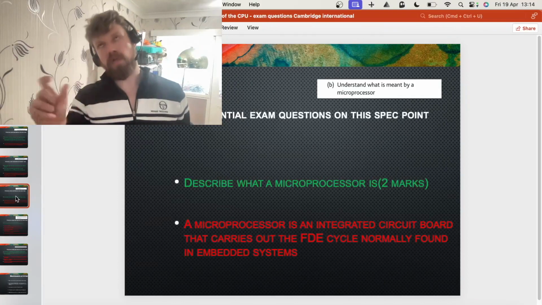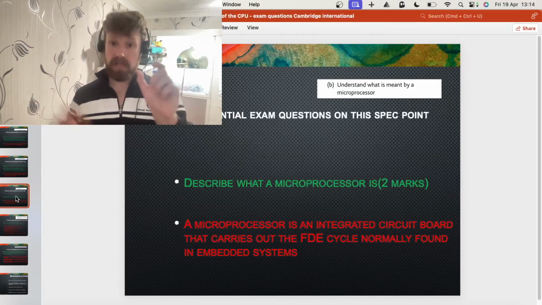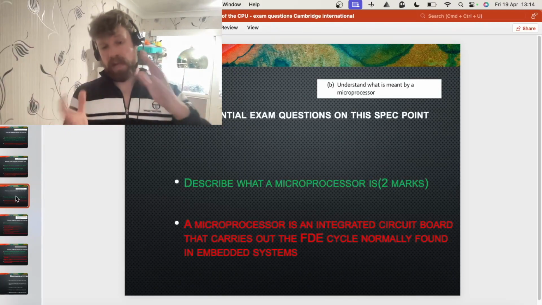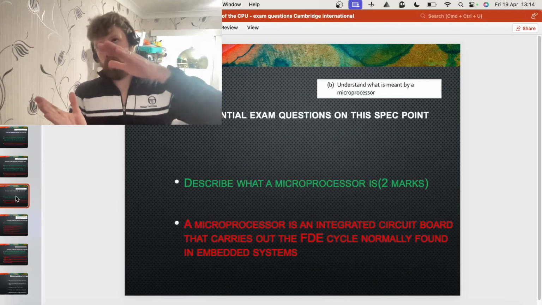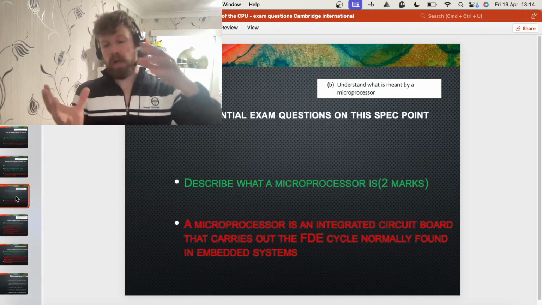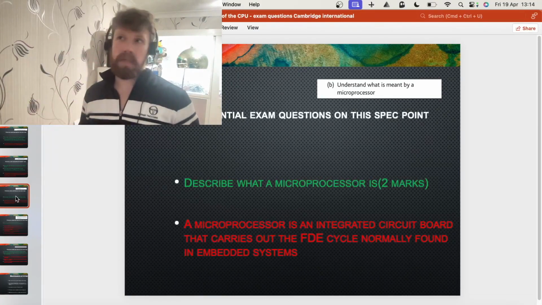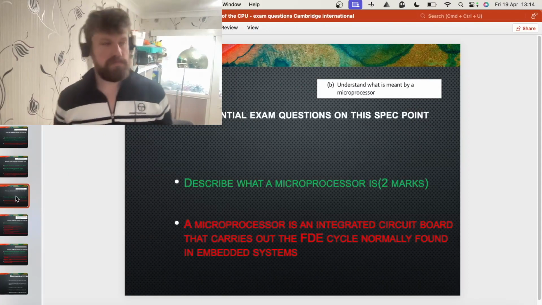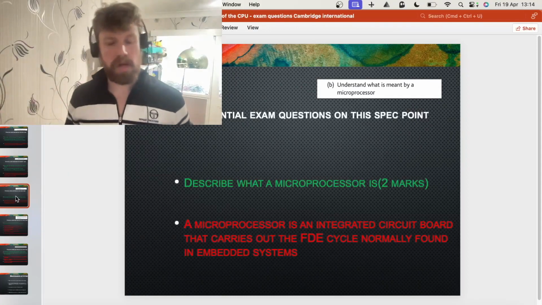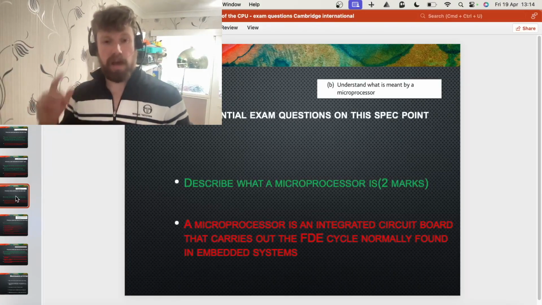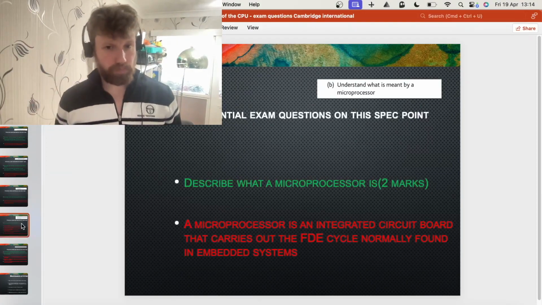If you think microprocessor just means small CPU, that's essentially what it means. So relating that to the CPU, we're going to put that into embedded systems, which are things such as fridges, toasters, computer systems within larger systems that have one specific job.